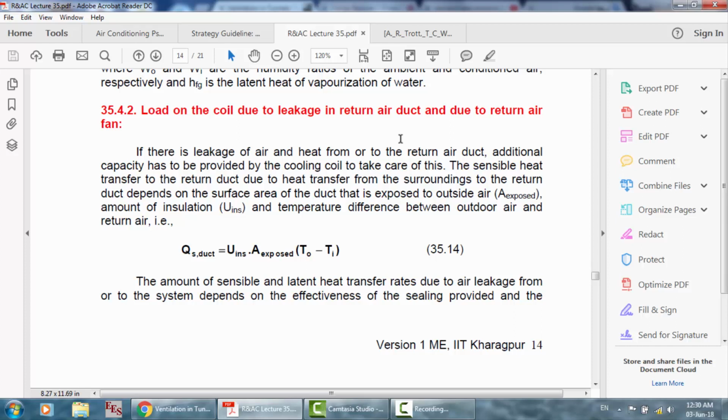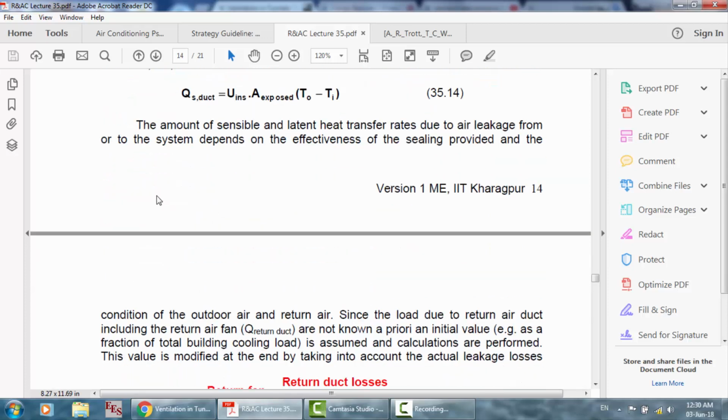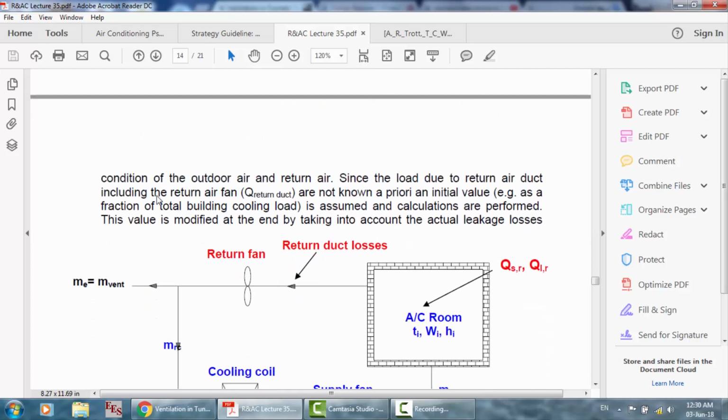The sensible heat transfer to the return duct from the surroundings depends on the surface area of the duct exposed to the outside, the amount of insulation, and the temperature difference between outdoor air and return air. Also, the sensible and latent heat transfer rates due to air leakage from or to the system depend on the effectiveness of the sealing and the condition of the outdoor air and return air.